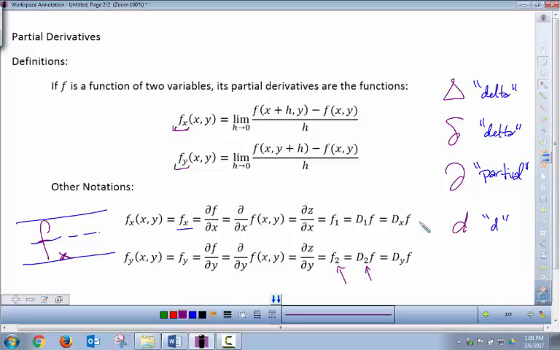Okay. And because your input here for your function f going from R2 to R is an ordered pair, the order of the pair that you're putting in makes a difference. So the first variable would denote the first variable. Okay.